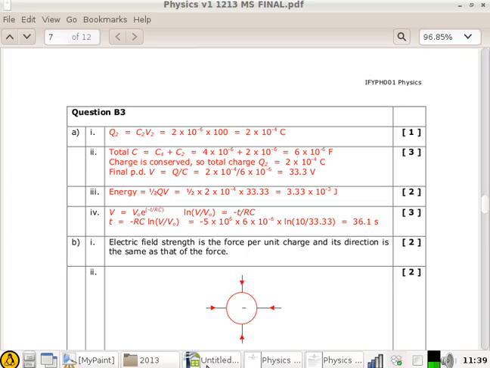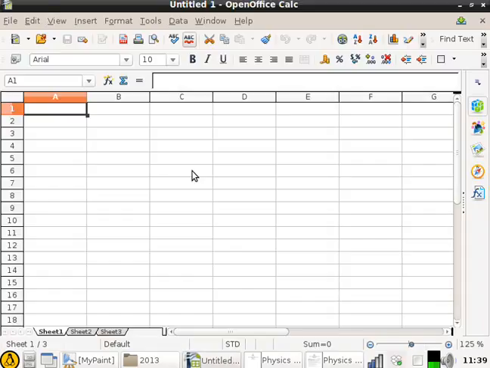Okay. Let's have a look at this here. So I have my time, which is 0. What's the next, 10 milliseconds? So that's 0.01, 0.02, 0.03, 0.04.